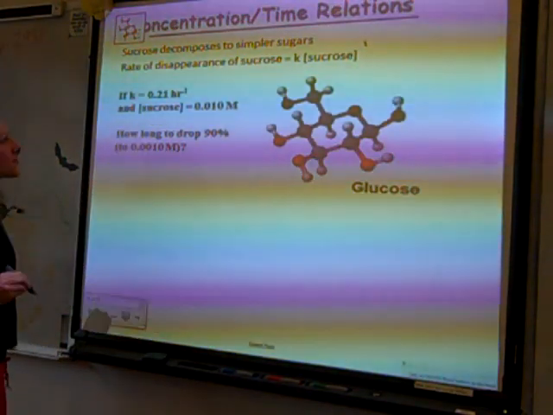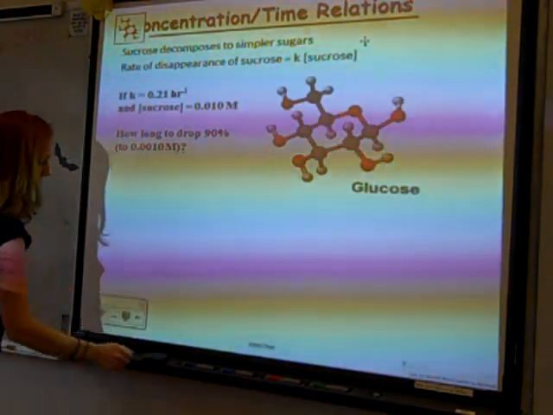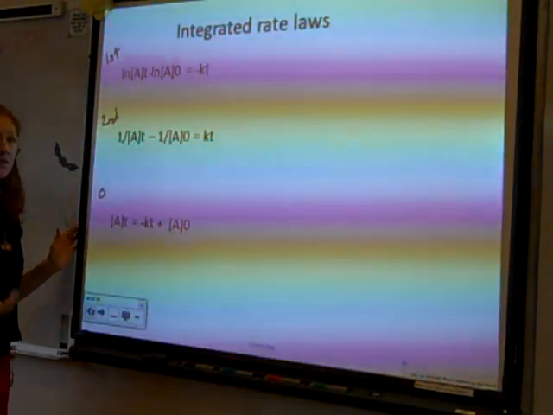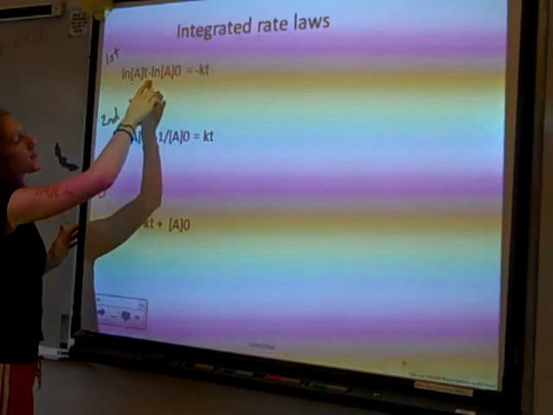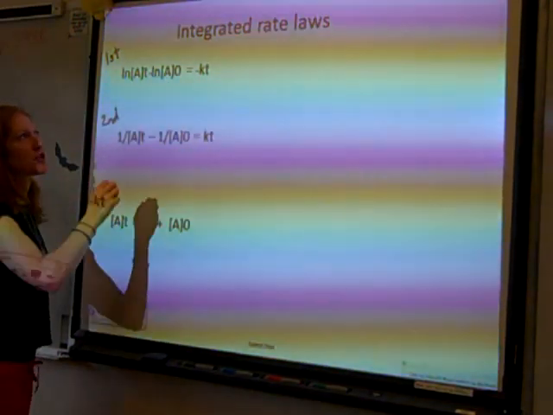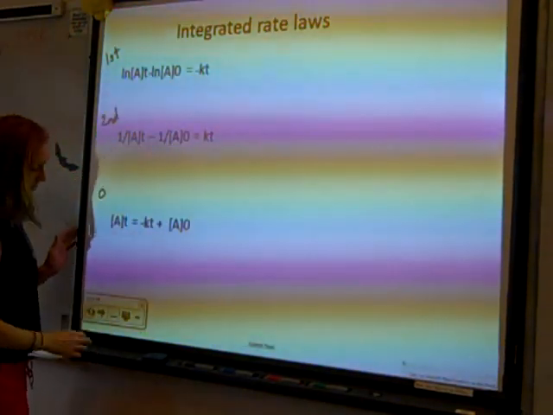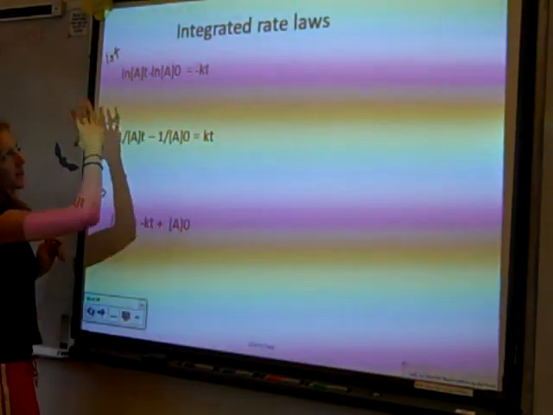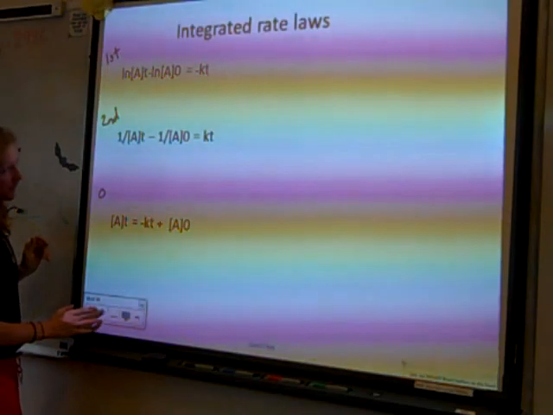We're given the K, so I know I'm going to use the first order equation. I'm going to use this one, natural log of the concentration after time has gone by, minus the natural log of the initial concentration equals negative K constant times T. And I'm solving for T, so I'm going to solve for time. I'll plug in everything and I'll have that T by itself.